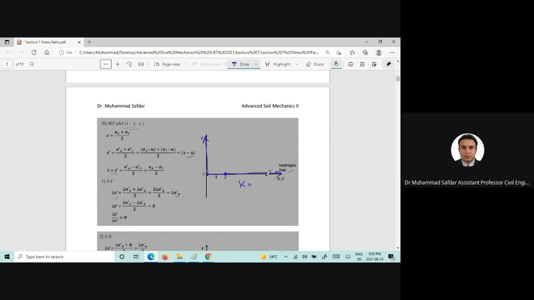In an isotropic line, what would be the value of K?